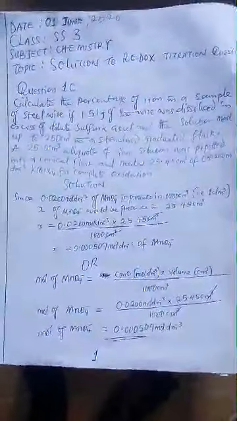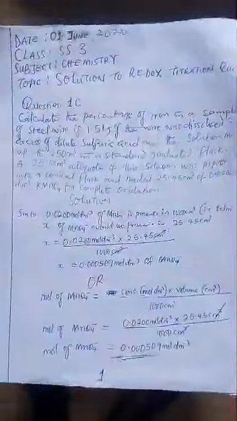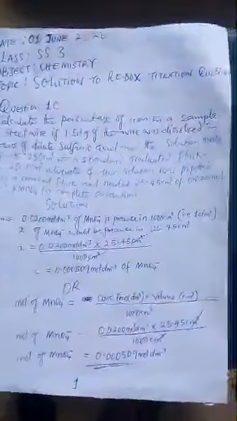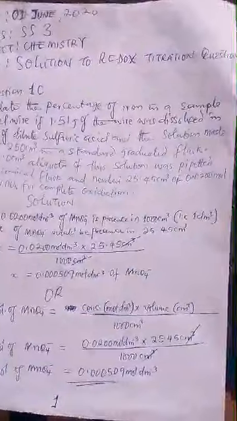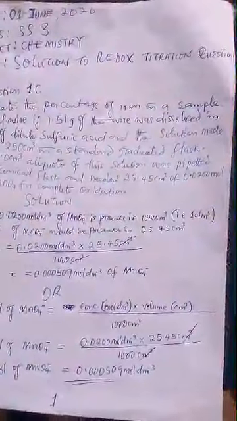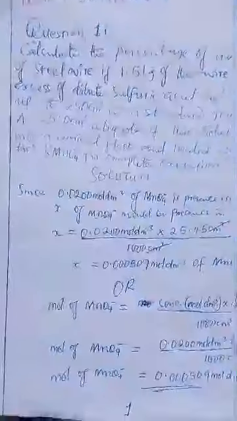Then the volume of potassium permanganate was given as 25.45 cm3 and the concentration of potassium permanganate as 0.0200 mole per dm3 for a complete oxidation.